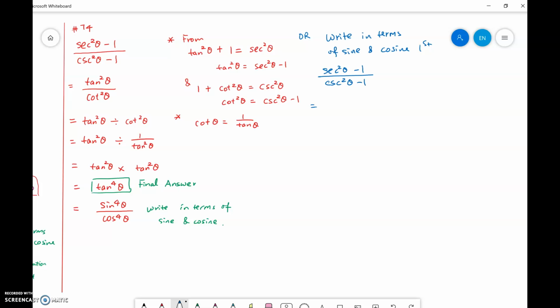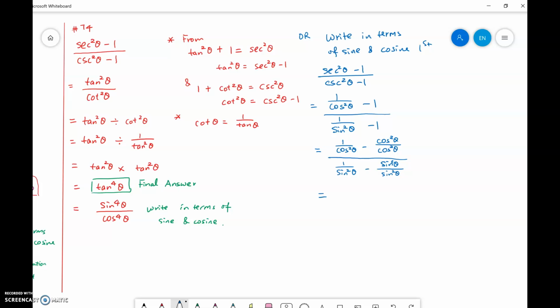Secant squared theta is 1 over cosine squared theta. Cosecant squared is 1 over sine squared theta. Now I'm going to rewrite 1 in terms of cosine squared theta over cosine squared theta. And then 1 on the denominator becomes sine squared theta over sine squared theta.